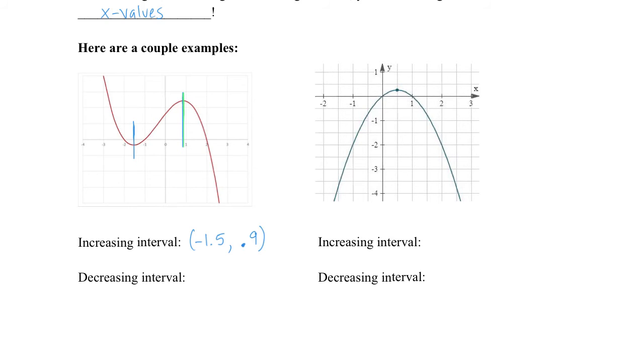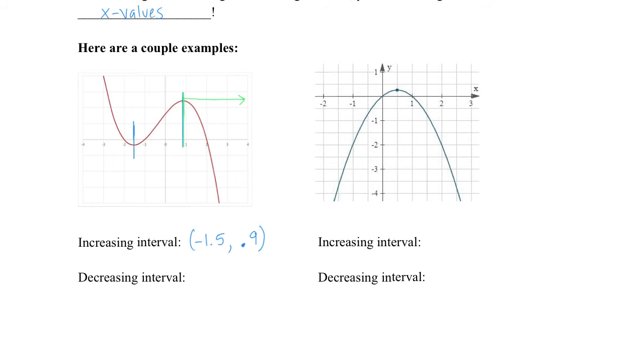When does it stop? It doesn't stop. It decreases forever here now. So what that means is there's no part where it stops. So what I like to do is draw a line like this, and draw an arrow that way. That's because when we're talking about the interval, it goes forever in this direction. For all the rest of the x values, this is always going to be decreasing.